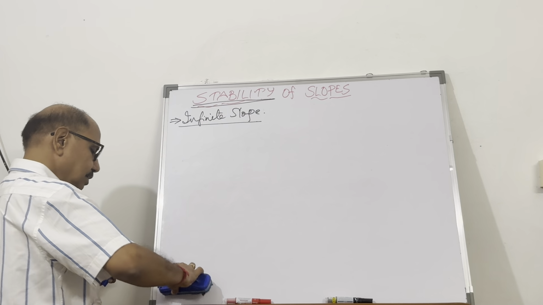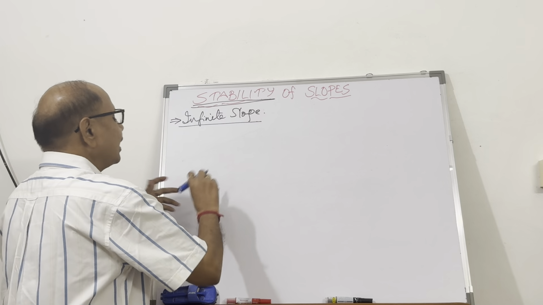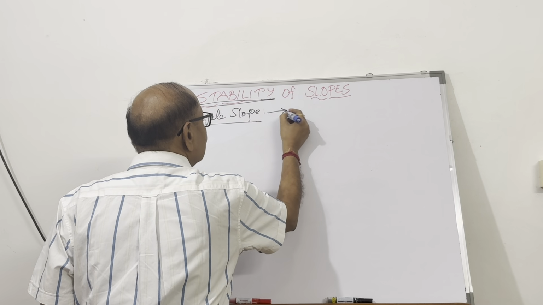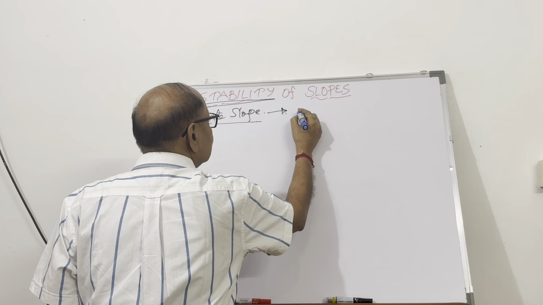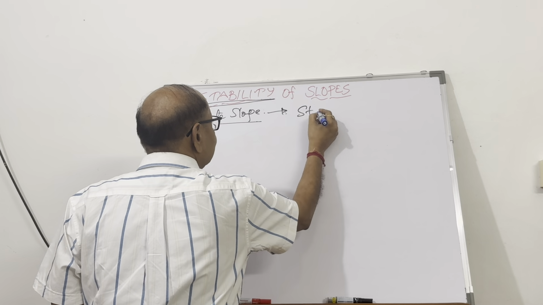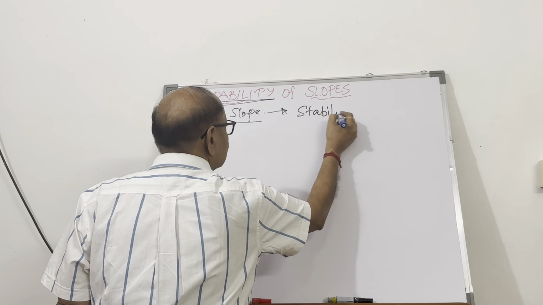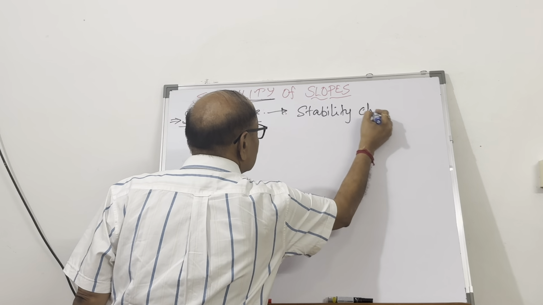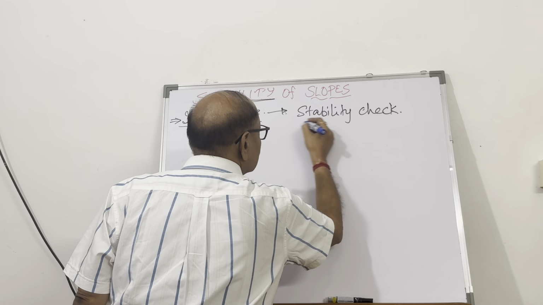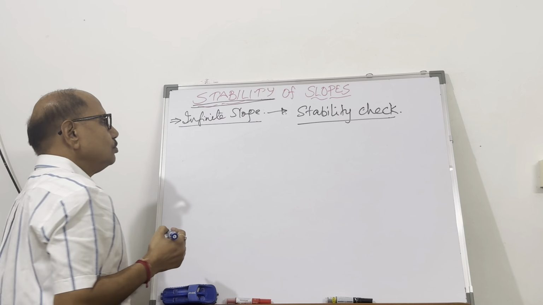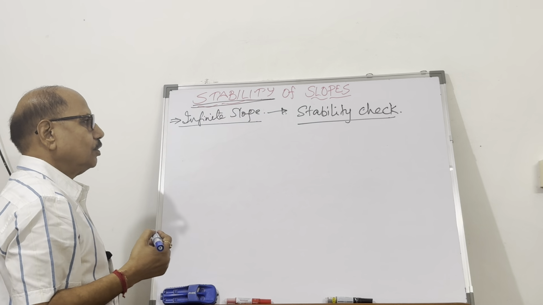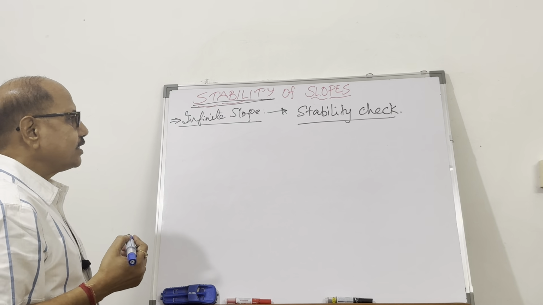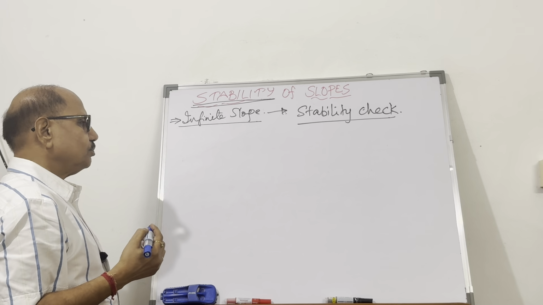So friends, for an infinite slope, you will have to go for a stability check. How do you check it? The stability of an infinite slope.